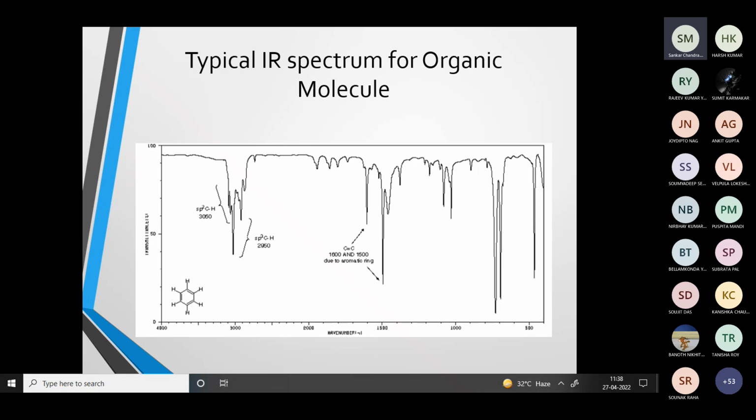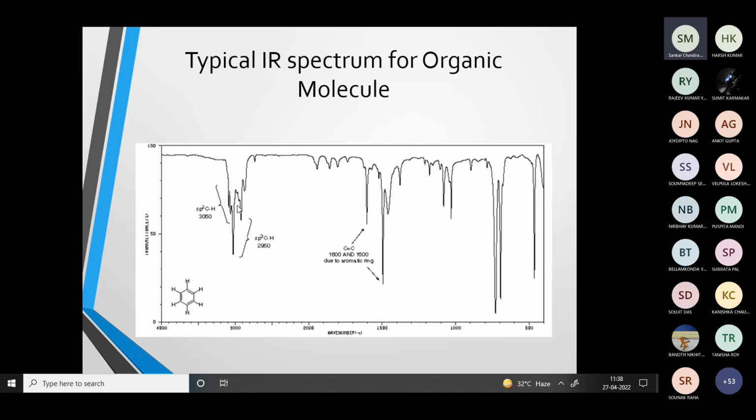Within the fingerprint region, generally the bending peaks appear. Above 1200, the stretching frequencies appear for different bonds, particularly the CH bond, NH bond, carbon-carbon single bond, carbon-carbon double bond, nitrogen-carbon bond, carbon-oxygen bond, the different types of bonds we have in organic compounds, each giving a specific wavelength.